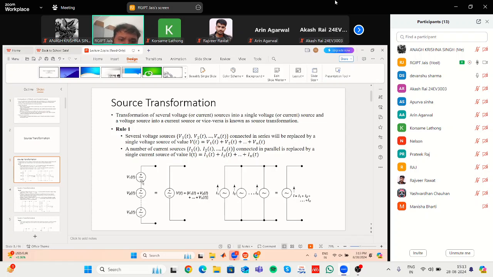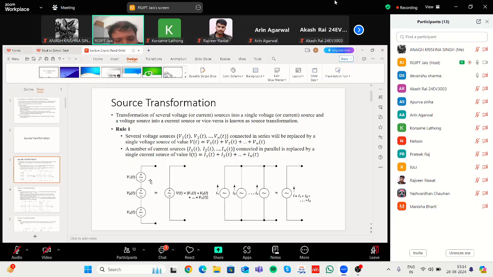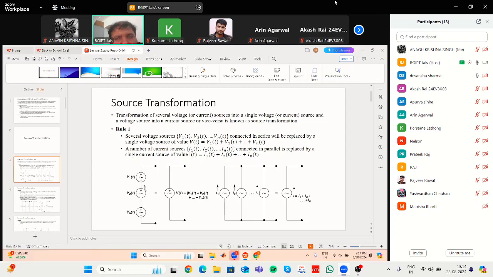If the polarities are opposite, let us say in V1 the positive sign is towards the top and the negative sign is towards the bottom, and similarly in V2 the plus sign is towards the top and the minus sign towards the bottom, they add. But if it's the other way around, if V1 stays like this and in V2 the plus sign is towards the bottom and the minus sign goes to the top, then V1 and V2 are opposing each other.